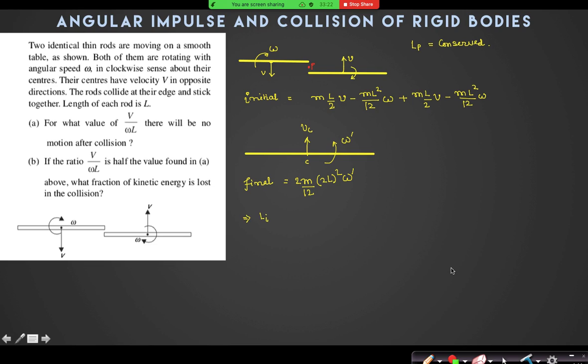So L initial is equal to L final. That will be m L v minus m L square by 6 omega, and that is equal to 4 by 6, means 2 by 3, m L square omega prime.